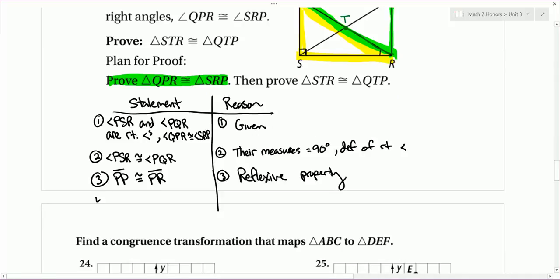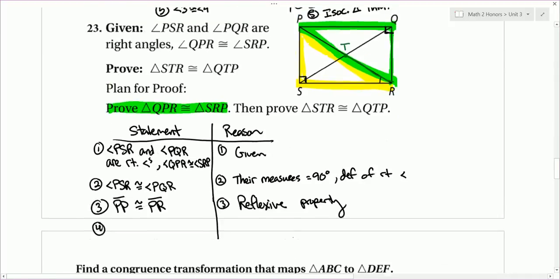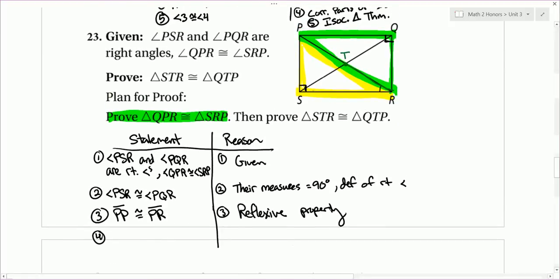Number 4. Alright, so we have angles congruent, we have the side. Also given to us is angle QPR, so that's this angle here, is congruent to angle SRP, this angle right here.